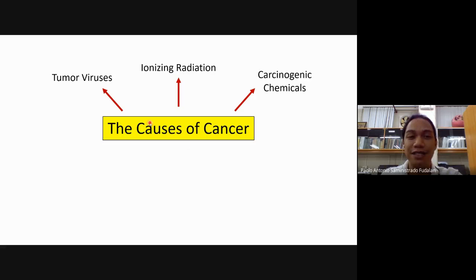Or viruses. Viruses may also inject or incorporate their genome into your own genes, and they can cause the host cell to become a cancer cell. A good example for this in women is the human papilloma virus, HPV.